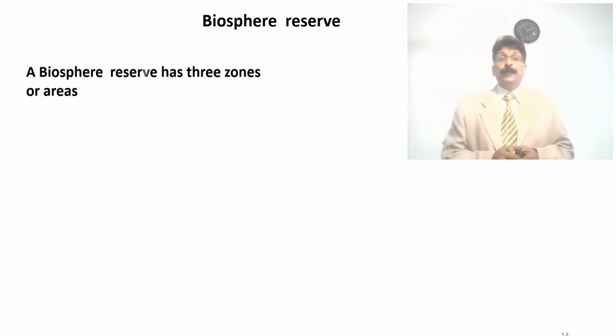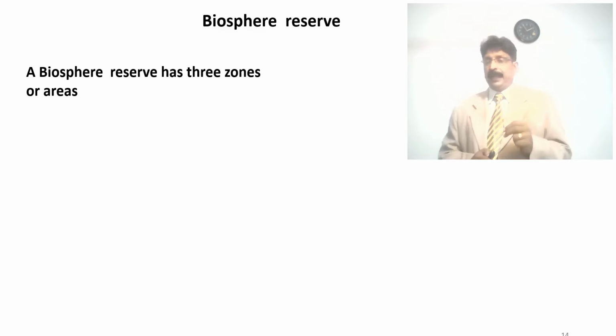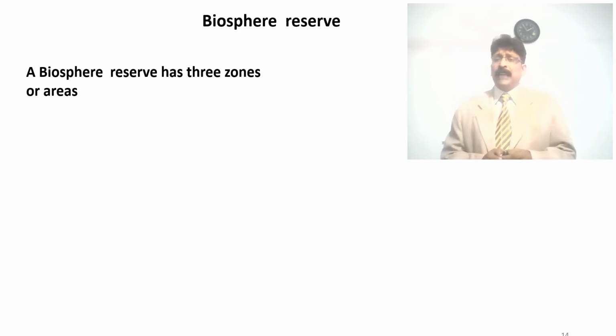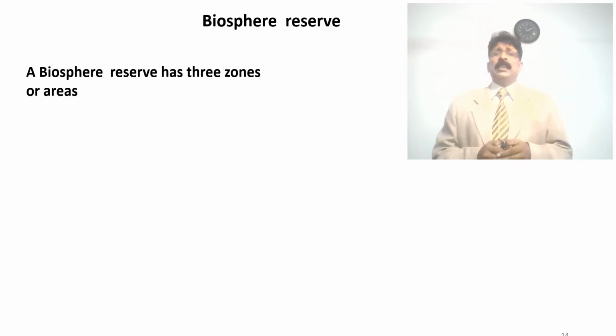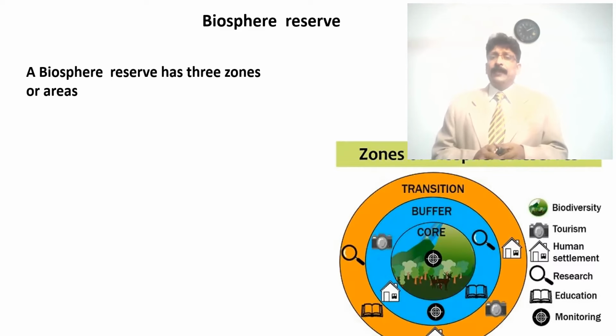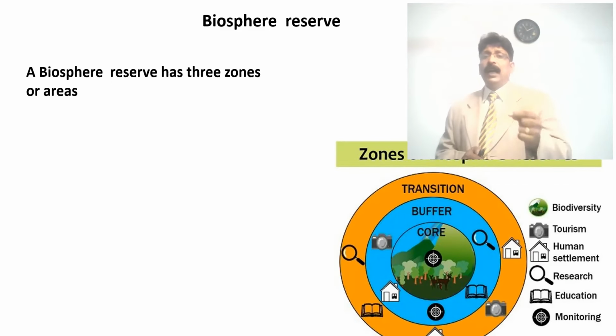Biosphere reserves have 3 zones of area. This you can also explain if they are asking for an essay question. This comes in an in situ explanation, that is, biosphere reserves have 3 zones of area. They are transitional, buffer and core.